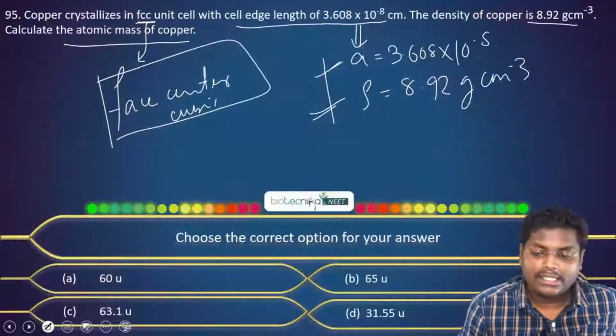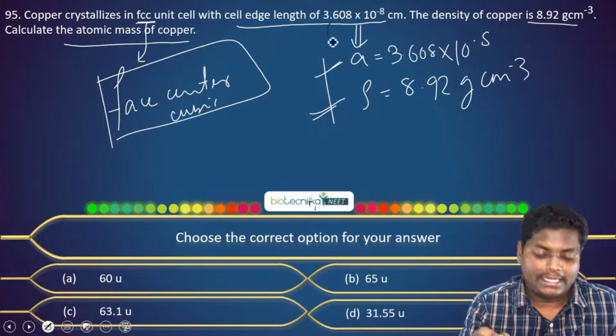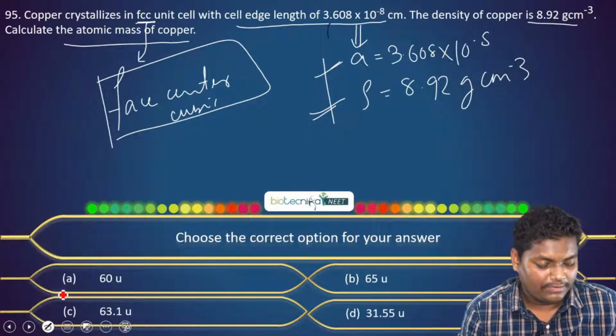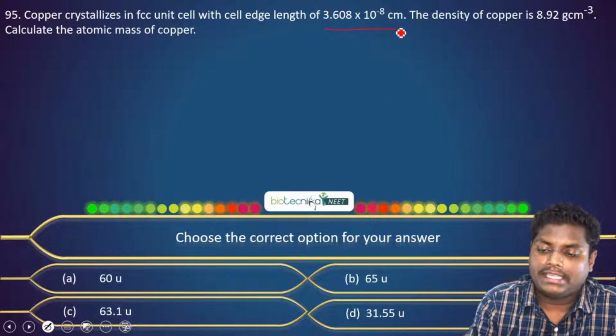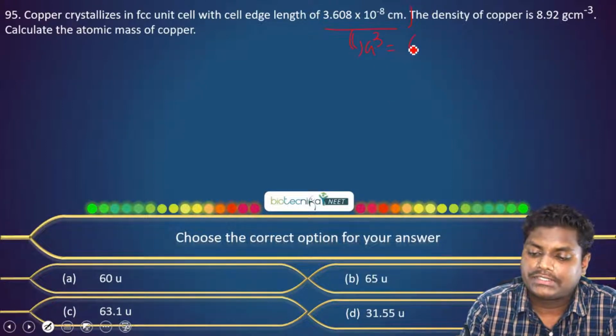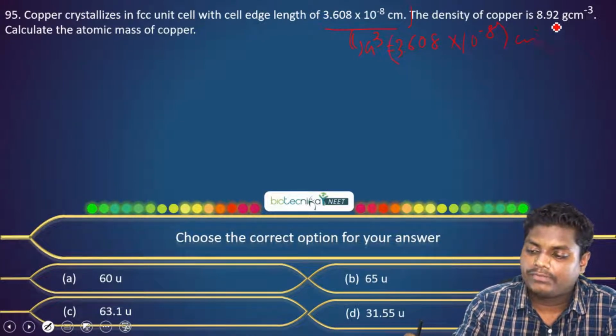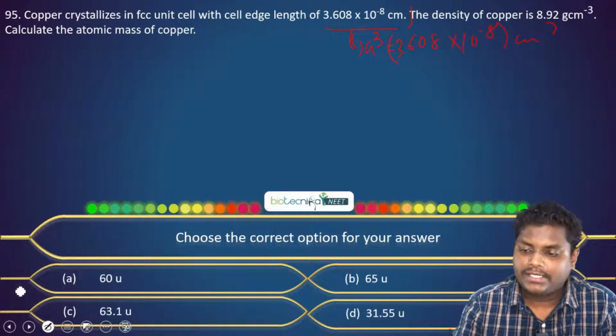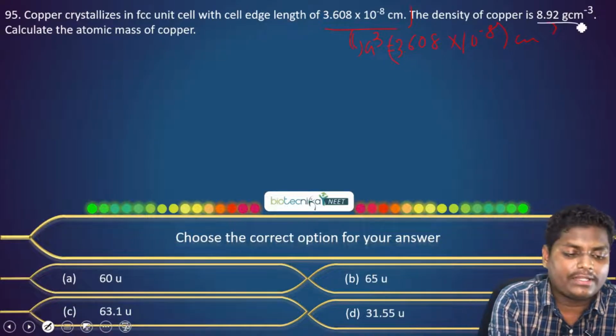We'll just check it quickly. The A value is a cube. From here we can solve it. a cube is 3.608 into 10 to the power minus 8 centimeter cube. And the density of the copper they have given us.